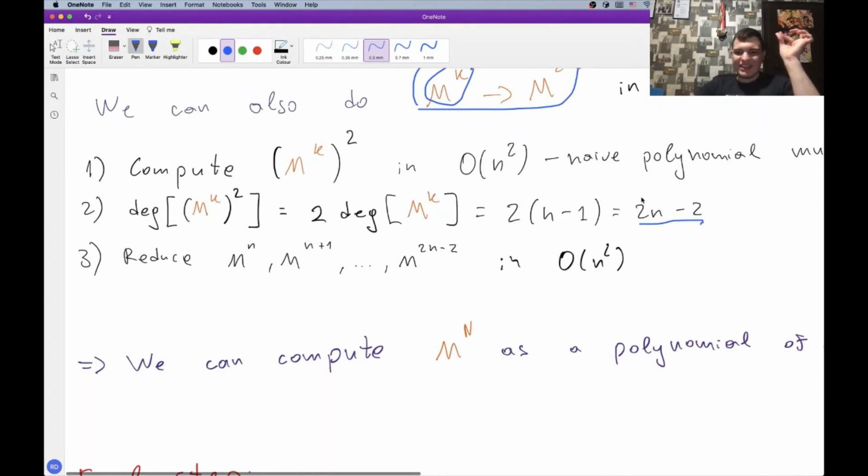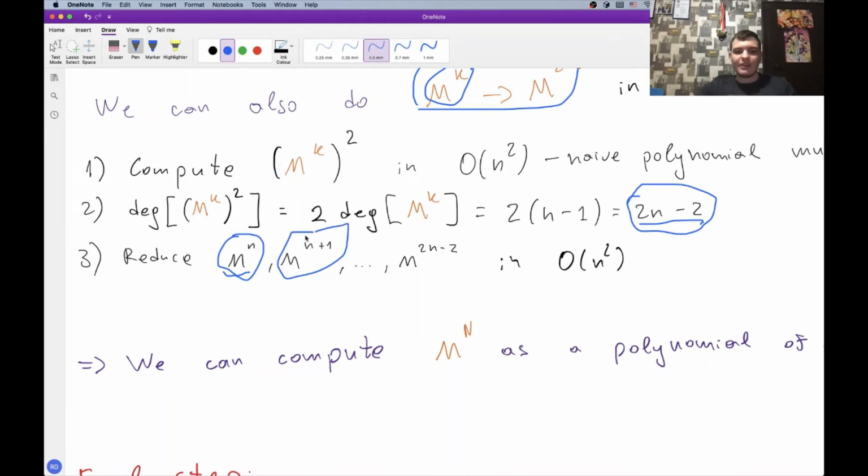Because the degree is twice as large as we want it to be, some of the terms will be m to the power of n, m to the power of n plus 1, and so on until m to the power of 2n minus 2. But we can reduce this to a polynomial of degree n minus 1. Same for this one, and same for all of them. So we can reduce everything and it will just increase the coefficients in n squared time.